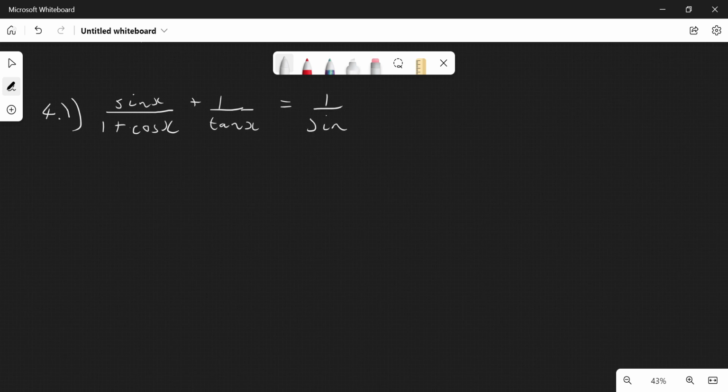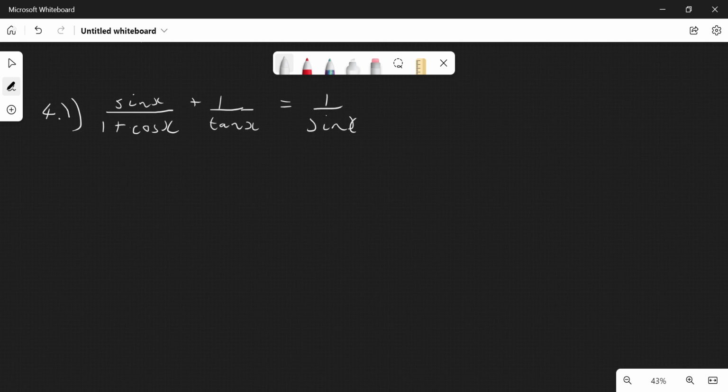All right, so let's get into 4.1. 4.1 tells us: sine x divided by 1 plus cos x, plus 1 over tan x, is equal to 1 over sine x.